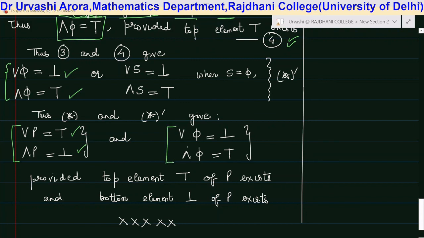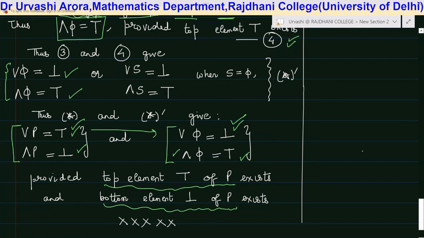And for the join of phi and the meet of phi, it is the opposite: the join of phi will be the bottom element, and the meet of phi is the top element T, provided the top element T of P exists, and provided the bottom element, inverted T, of P exists.